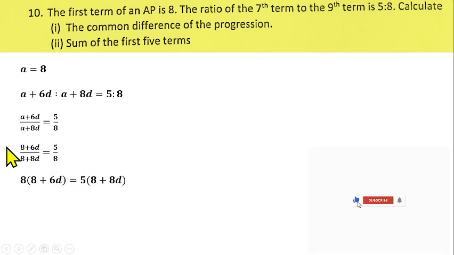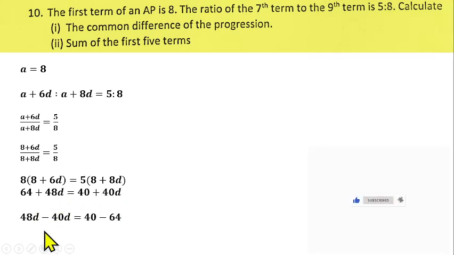So you have 8 into 8 plus 6d equals 5 into 8 plus 8d. Open the brackets. We have 64 plus 48d equals 40 plus 40d. Collect like terms. We have 48d minus 40d equals 40 minus 64. So you'll have 8d equals minus 24.